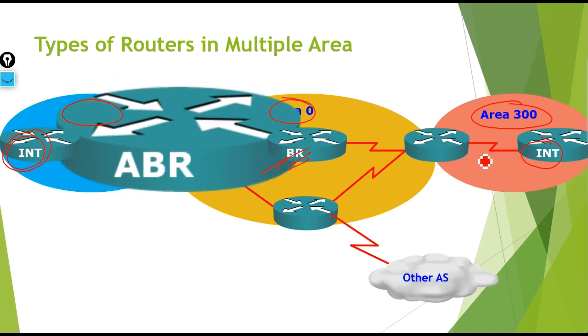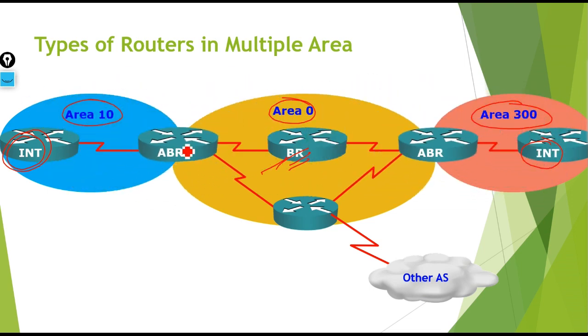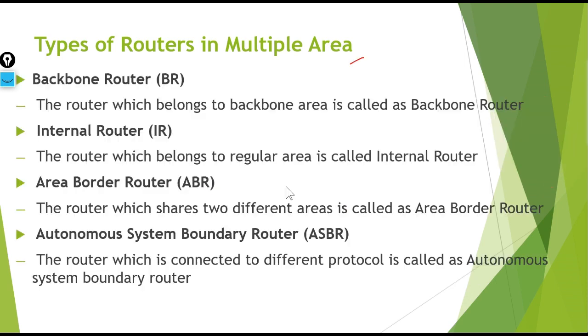The routers which connect two different areas are considered ABR, area border routers. The routers which connect to a different autonomous system, a different protocol, are considered ASBR, autonomous system boundary routers. Just read this. Now go back to the slide.